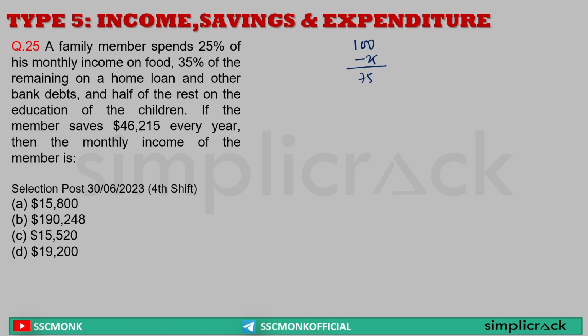When I say I am spending 50% of the remaining, that means I am calculating 50% on this particular case. Okay. So understand this, when it is saying 50% on the remaining. So remaining means what? Remaining means this. Okay. So here what it is saying?